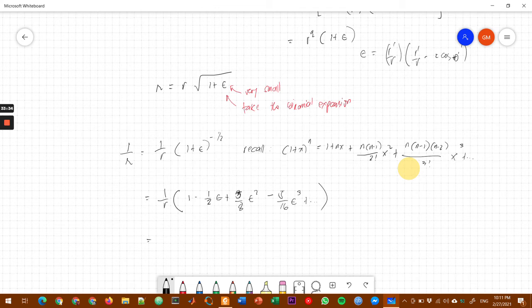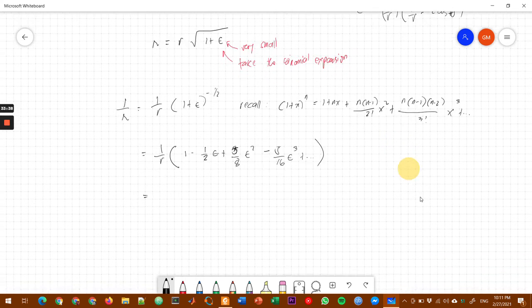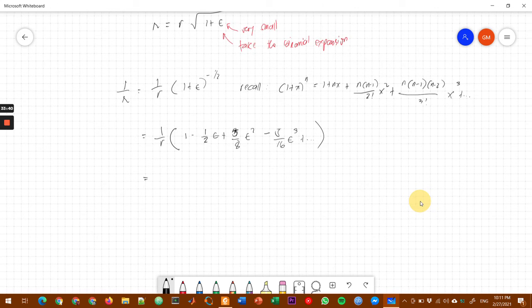From this we can simplify it further by substituting the value of epsilon so we can see it.